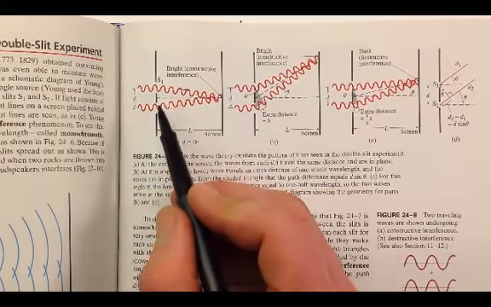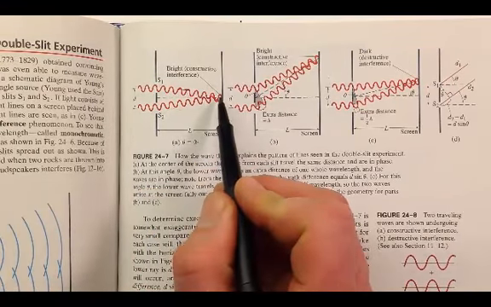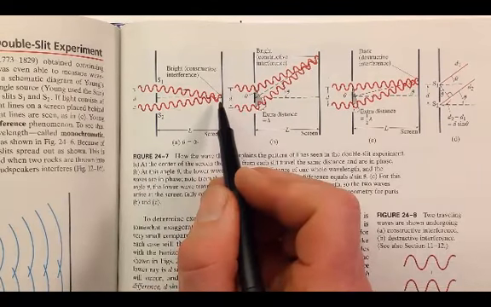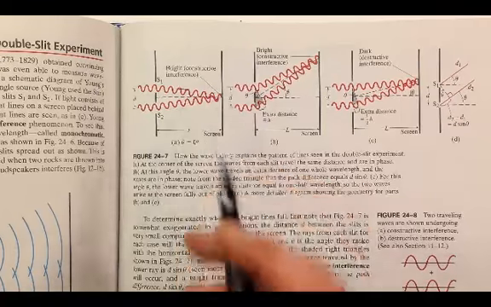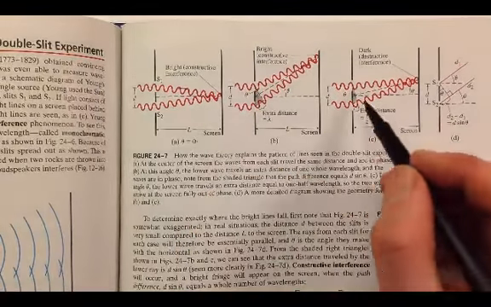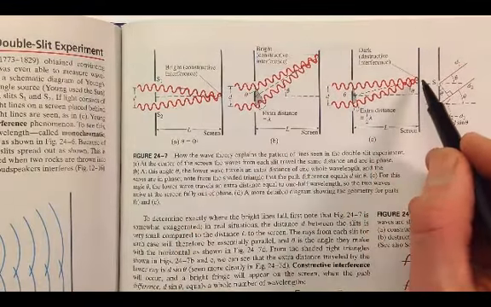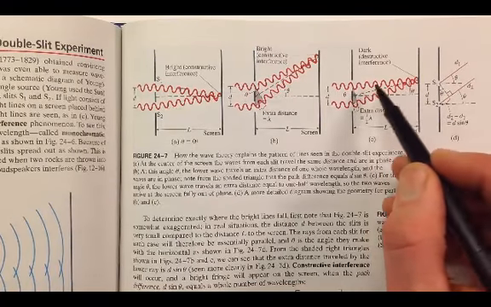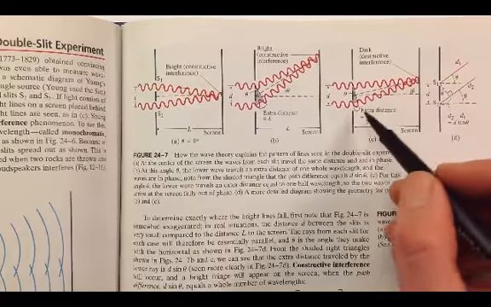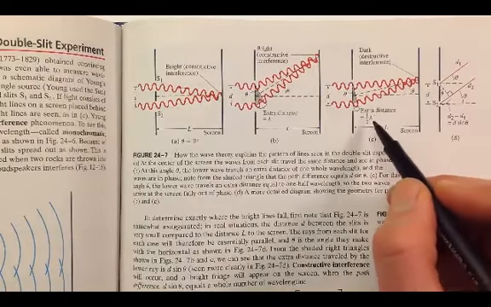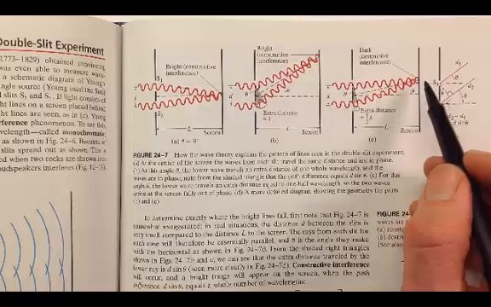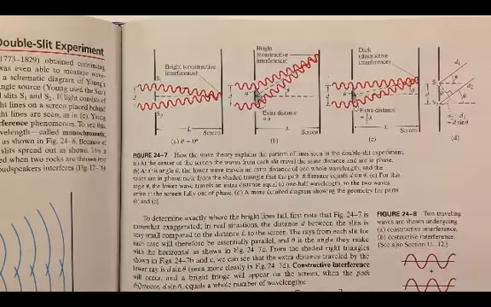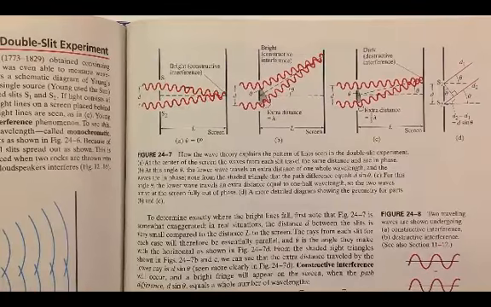Well, that means this crest and this crest arrive together, and I get a super wave here, a constructive interference, and I get a really bright spot right there. On the other hand, what if I look up here? Up here, this wave down here is traveling farther than this wave. And if this wave travels an extra half wavelength, that means when the crest of this wave arrives, the trough of that wave will arrive, and the waves will cancel each other out.